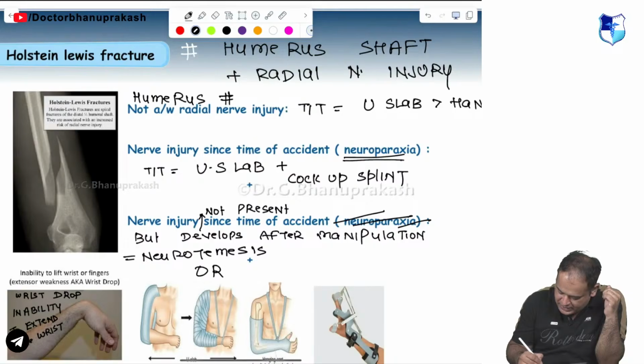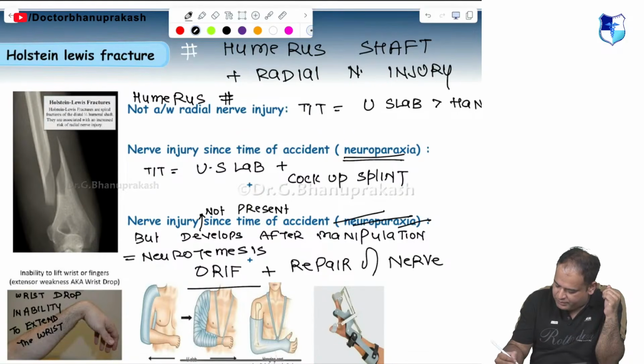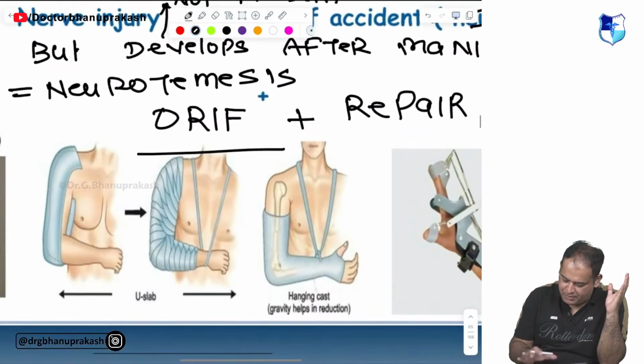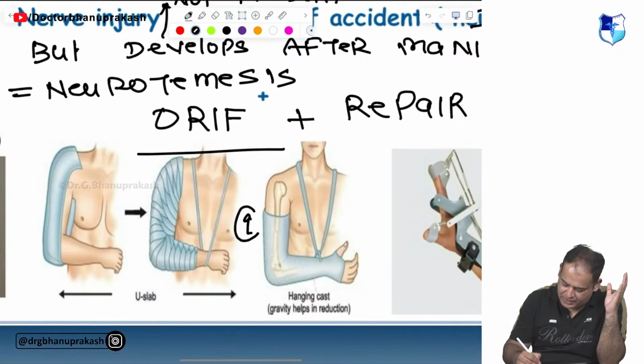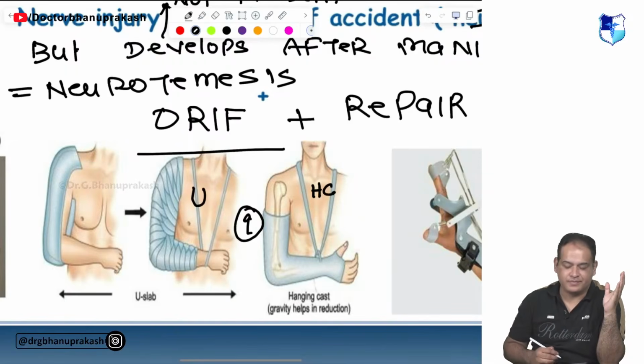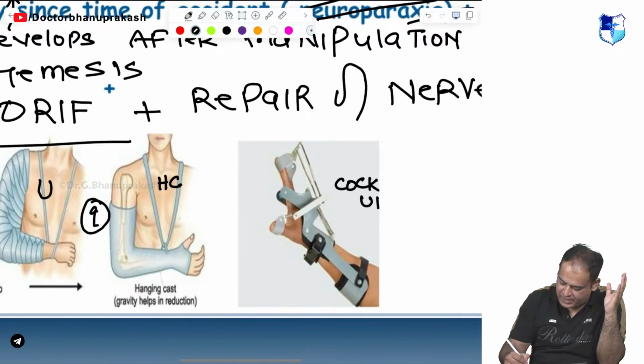Now the surgery is open reduction internal fixation plus repair of the nerve. So you have to remember the important images. This is U-slab. This is hanging cast. And this is cock-up splint.